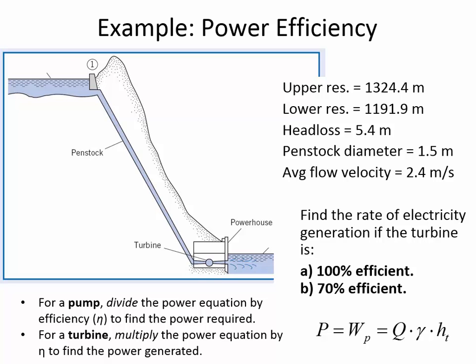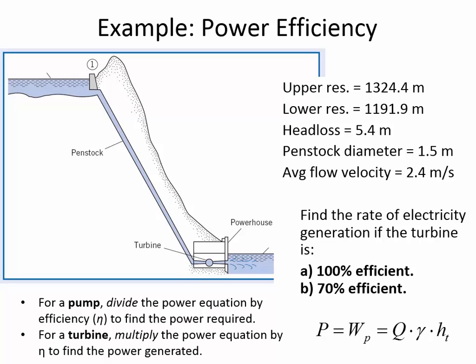But then if it's a pump and you have an efficiency factor, you're not supposed to multiply by the efficiency factor, because it actually means that you have to use even more electricity than you would if it was perfectly efficient. And so the way that you account for that is you divide by the efficiency factor. If we were lifting the water, maybe it would take 5 megawatts if there were no losses. But if there are losses, it's going to take more than 5 megawatts.